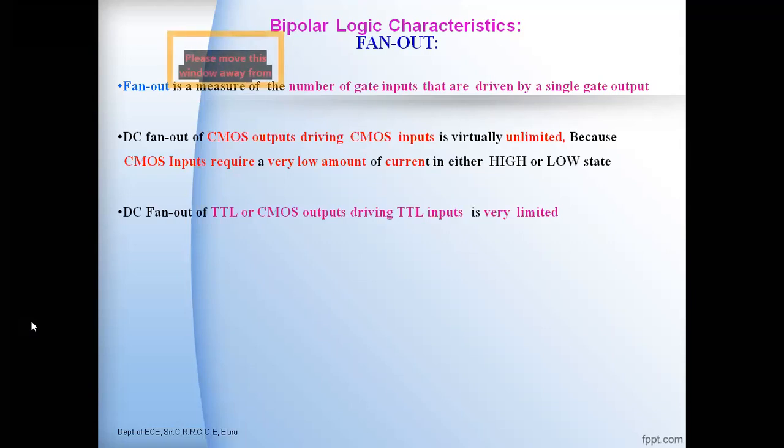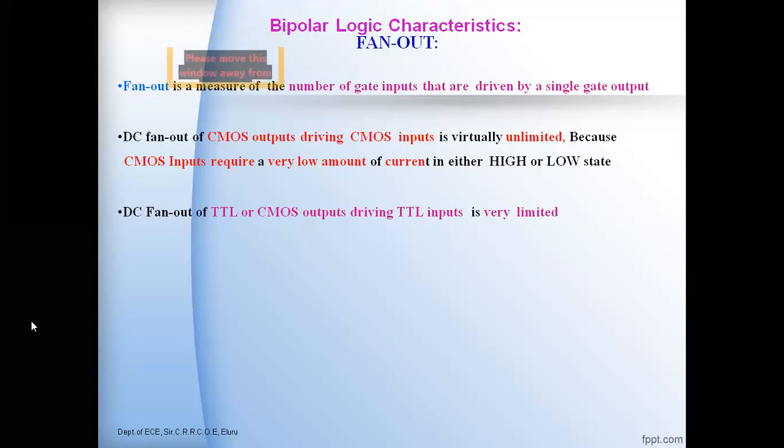So here you can see the conditions: CMOS outputs driving CMOS inputs, CMOS outputs driving TTL inputs, or TTL outputs driving TTL inputs. In the first case, if CMOS is driving CMOS, the fan out is very high, so you can connect a large number of CMOS inputs to that gate output.